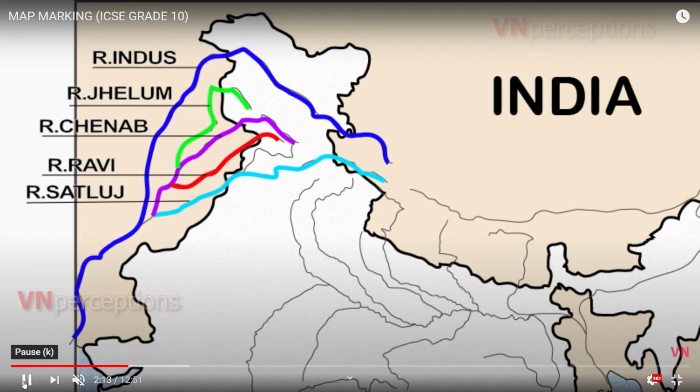So Beas river is this one. From Satluj and Beas, at Bhakra Nangal Dam, the Indira Gandhi Canal has been taken out. So these are the rivers which you have to learn in North India.